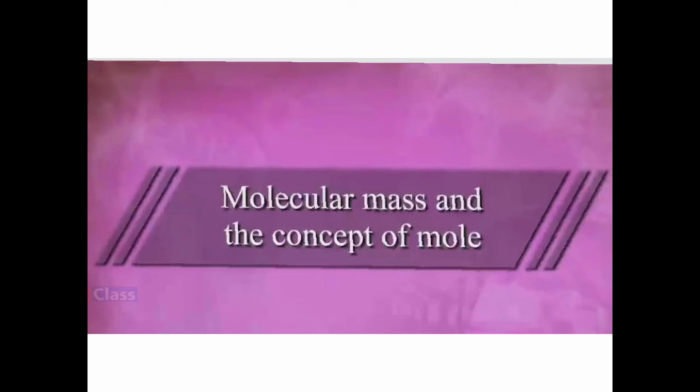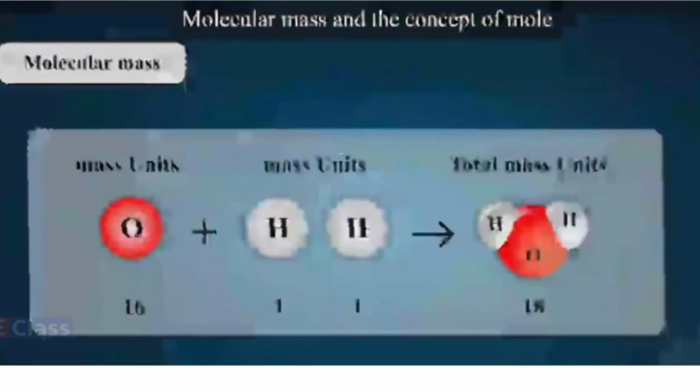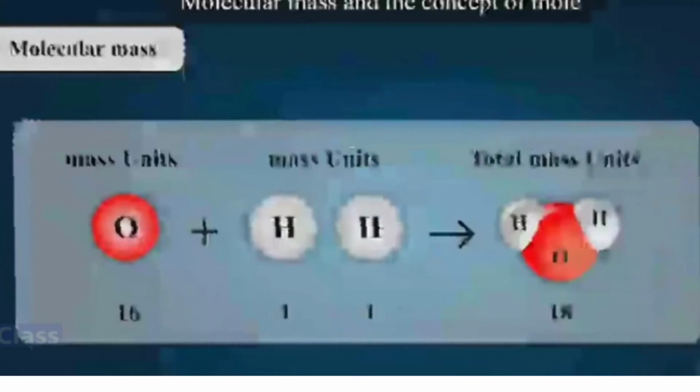Now we understood that they are monoatomic, diatomic, fine. So what do we mean by molecular mass? Atomic mass we have understood. Now let us come to the molecular mass, which in turn gives the concept of the mole. Just take the example of water. Water has two atoms of hydrogen and one atom of oxygen, right?